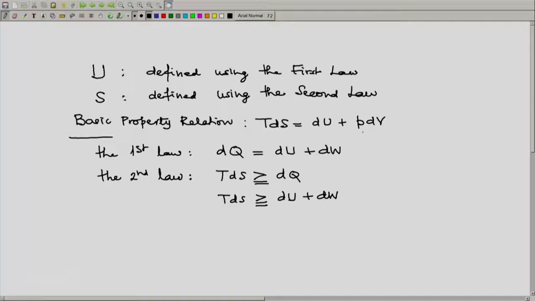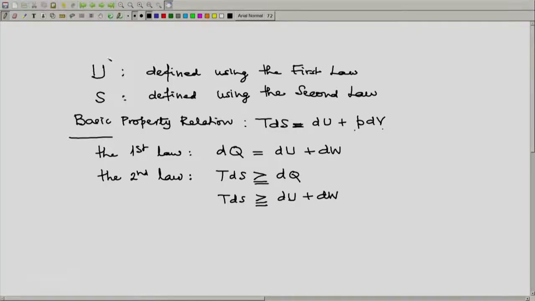Notice that when we write a property relation, T dS will be followed by an equality, and on the right hand side we will have P dV. Whereas when we write the second law, T dS will be followed by greater than or equal to, and on the right hand side you will either have dq, an interaction, or a combination of dU and dw, where dU is a differential of property, but dw is a small work interaction.